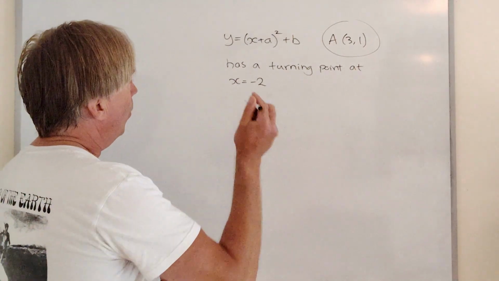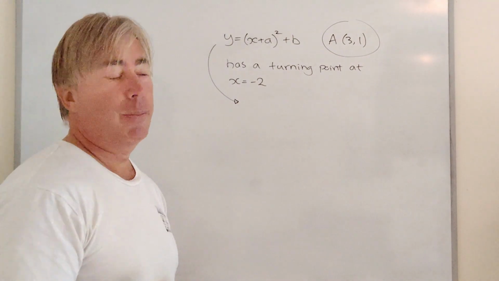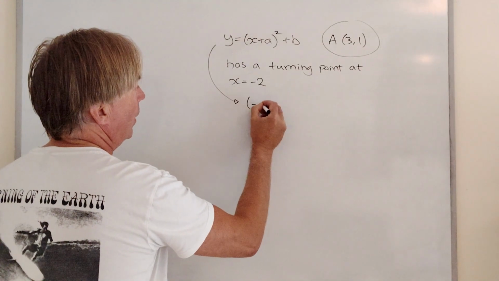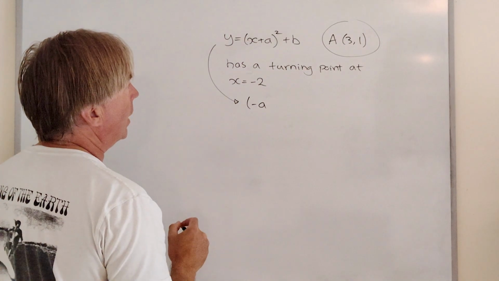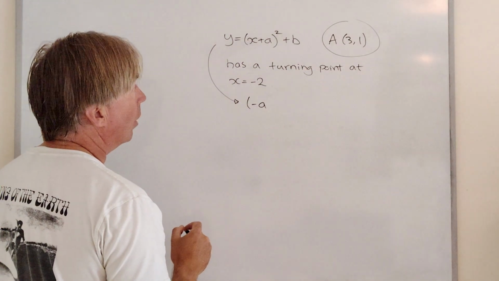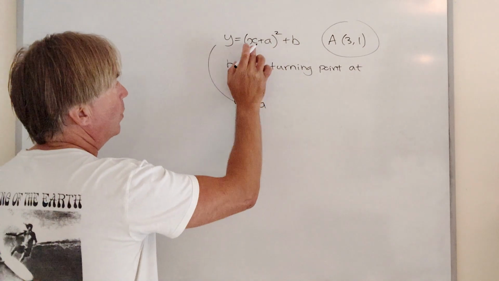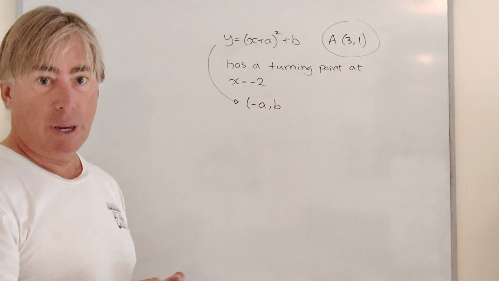What you may know is that the turning point of any completed square quadratic has an x value of -a, because you have to set the bracket x plus a to 0 to give the minimum value of y. That happens when x is -a, and the corresponding y value then becomes b.